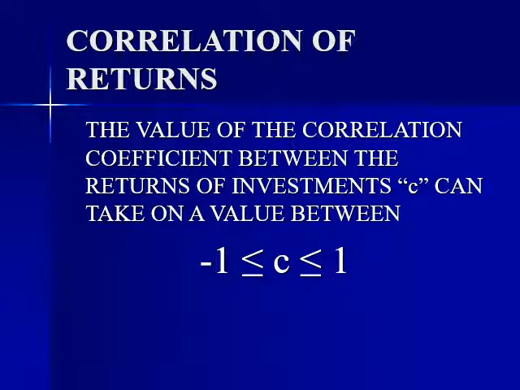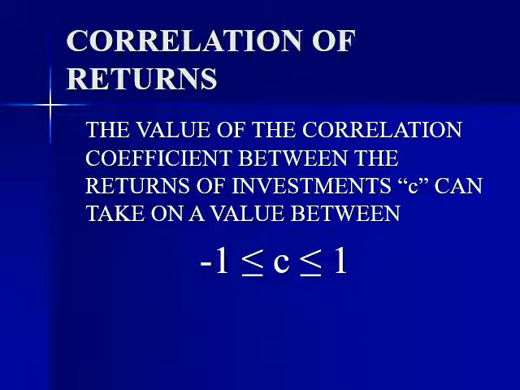Now, the value of the correlation coefficient can be anywhere between -1 and +1. If it is -1, it means that the two investments are perfectly oppositely correlated. In other words, if one went up 10%, the other went down 10%.